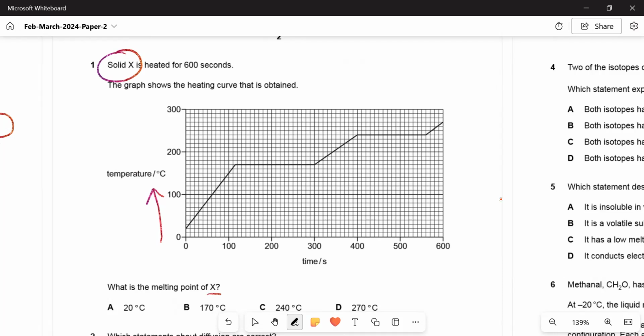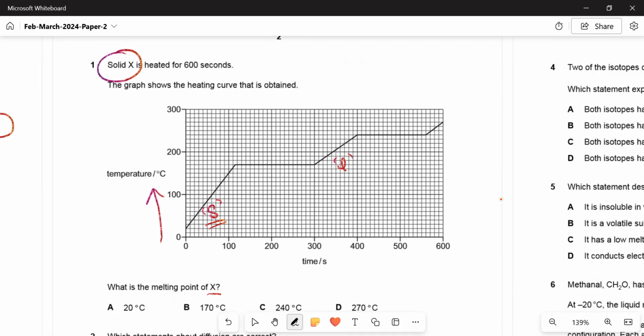So if the solid X is heated, in the beginning it is solid. When the temperature is rising, it's in the solid state. And when again the temperature is rising on the other side of the graph, then it is representing a liquid stage. And when the temperature is constant, it means that some phase is changing.